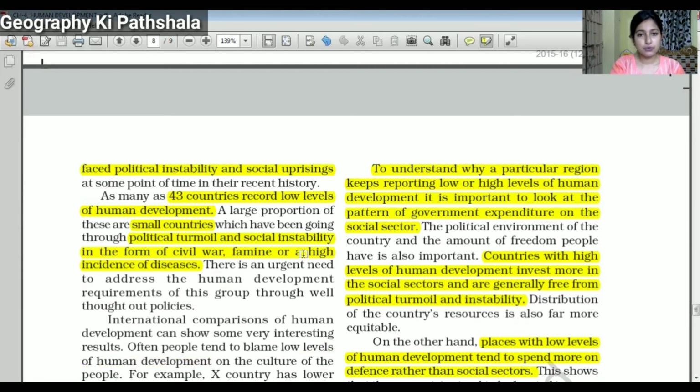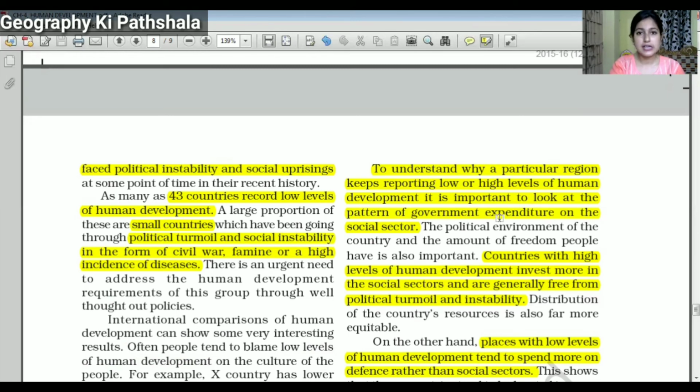And through this HDI value, what we can actually understand is why that particular region is reporting under low or high level of human development. And it is important to look at the pattern of where the government is doing its expenditure on the social sectors also.